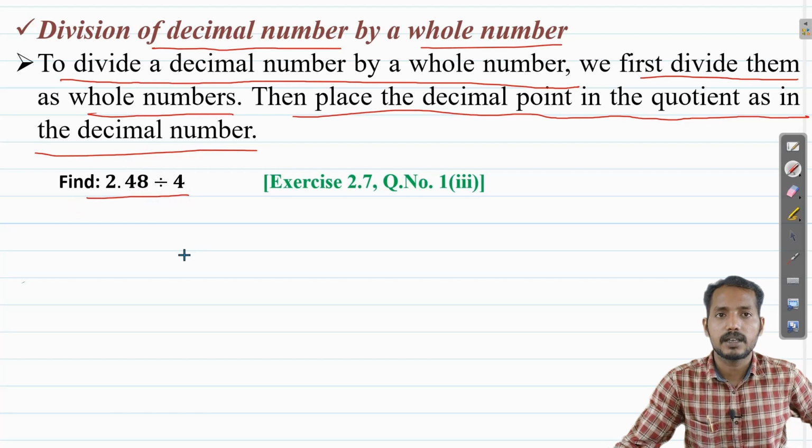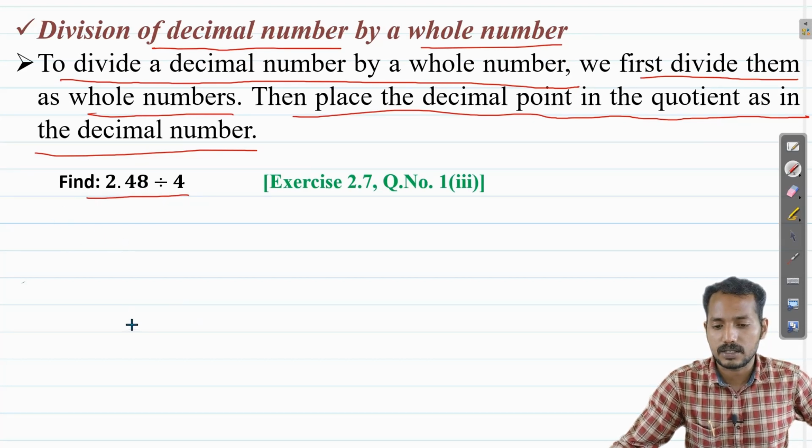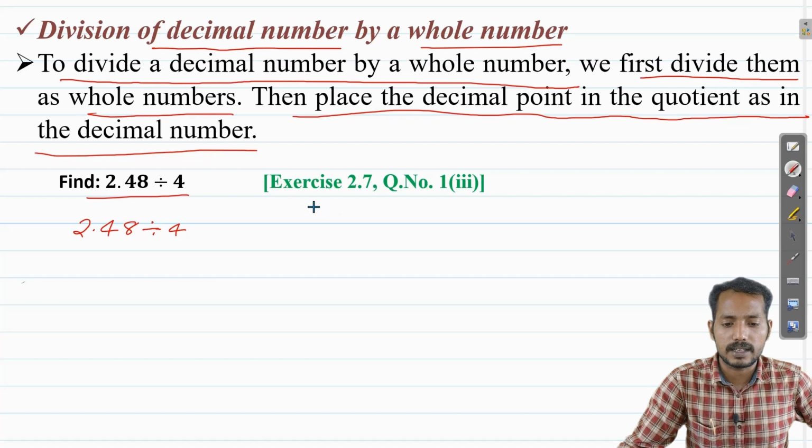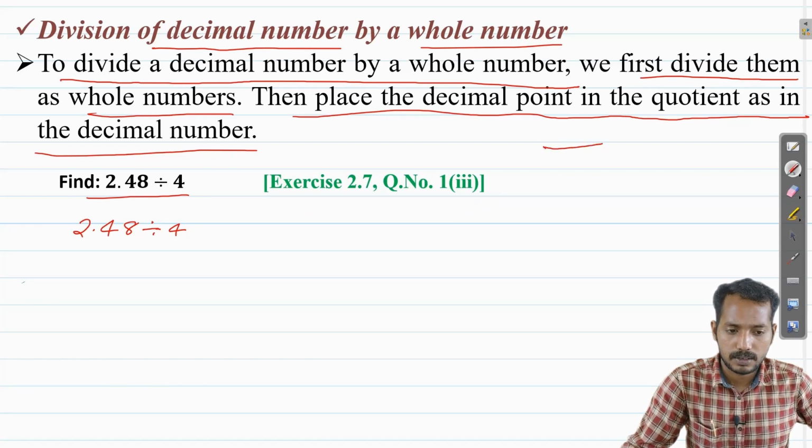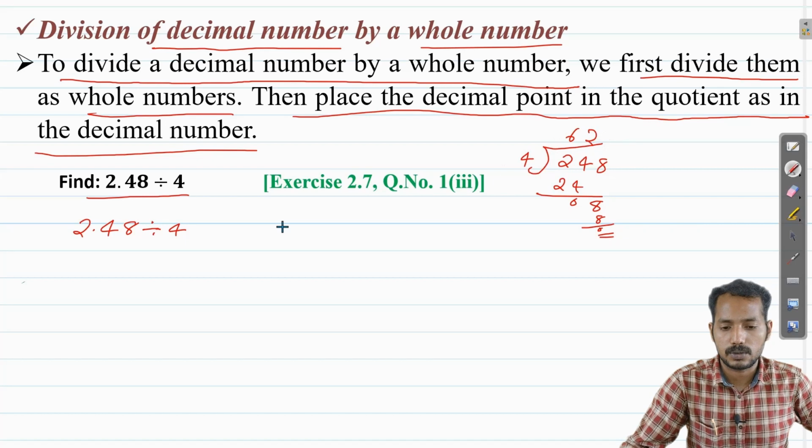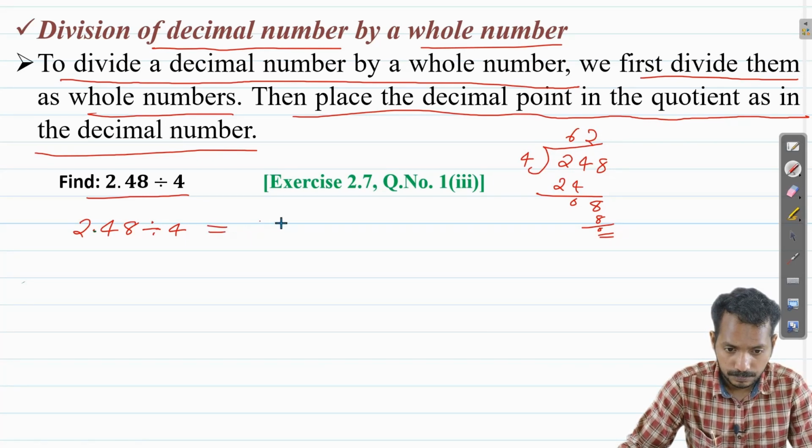2.48 divided by 4. Just divide as it is. 2.48 divided by 4. Just divide as normal numbers. So what will we get here? 248 divided by 4: we will get 6, 24, 0, 8, 8, 0. So 62.